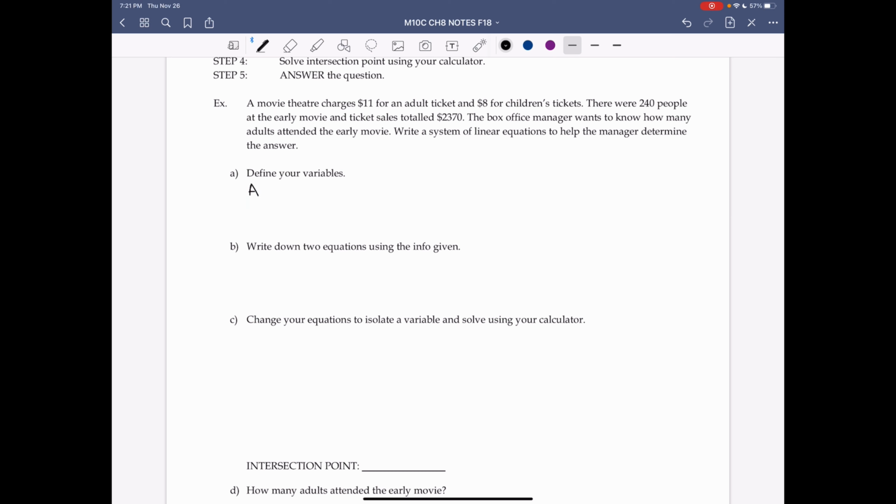So A equals number of adult tickets, or number of adults would work as well. And then we also have children. So C equals number of children, or number of children's tickets.